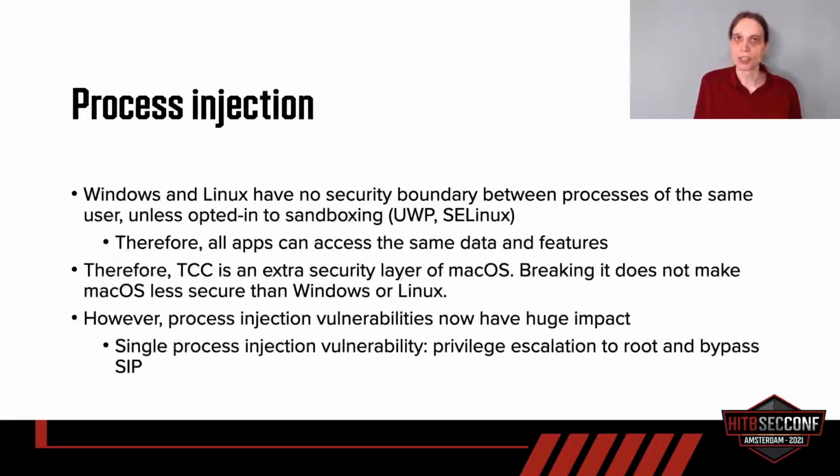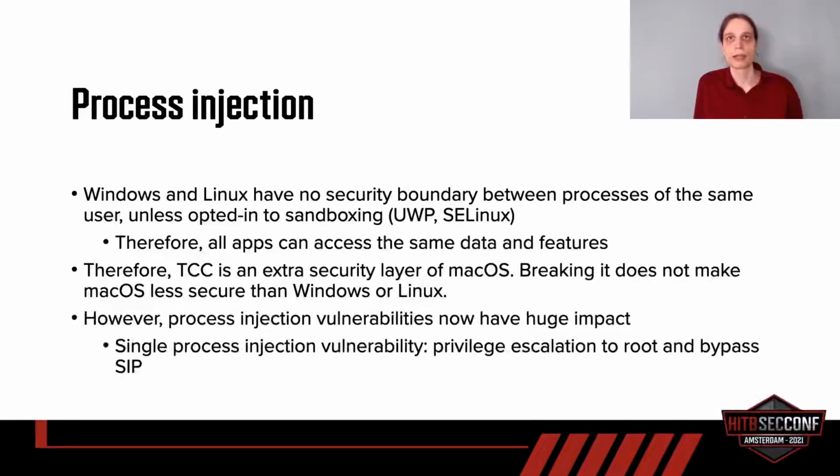Finally, there might be some questions for you about how this applies to Windows or Linux. I have to say, we know a lot less about those systems than we know about macOS. So take this with a grain of salt. But as far as we know, there's no security boundary between different processes running as the same user on Windows and Linux, unless you opt into sandboxing, so UAC or SELinux.